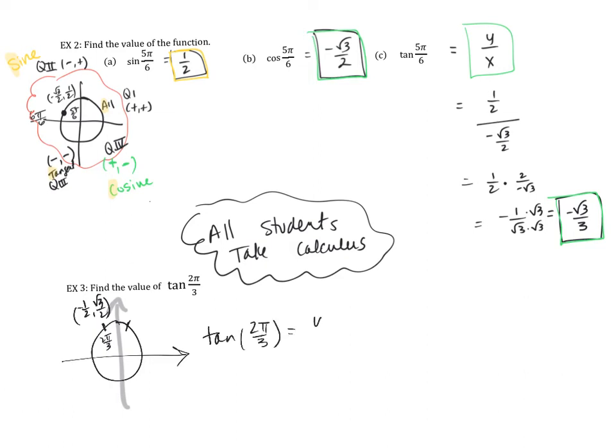And the tangent is always y over x. So y is root 3 over 2, divided by x, which is negative 1/2. We can rewrite that as the numerator times the reciprocal of the denominator.